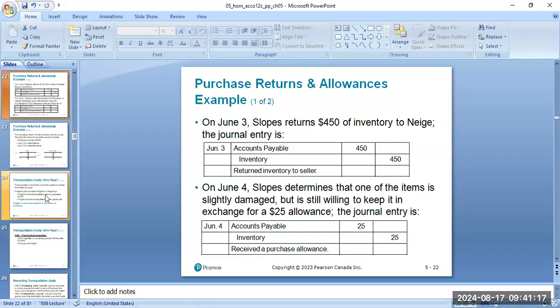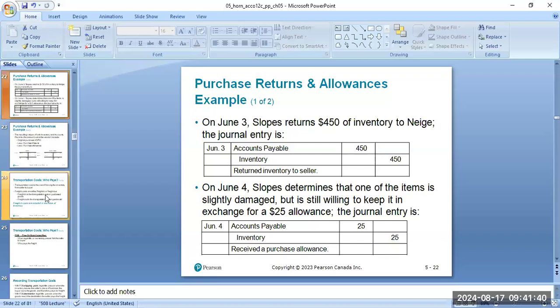Once we return those items to the seller, we don't have to pay for them. So we purchased 700, we return 450. Now we have to pay only $350.